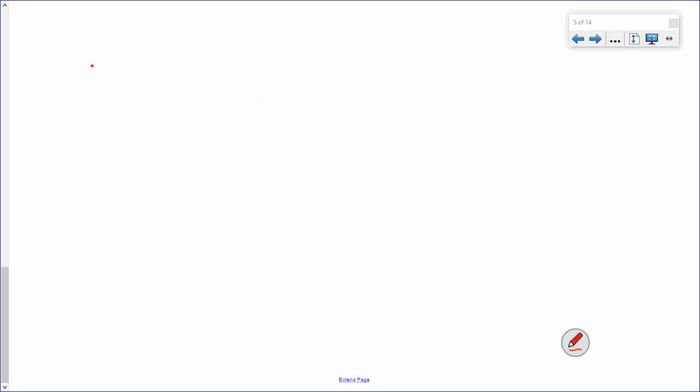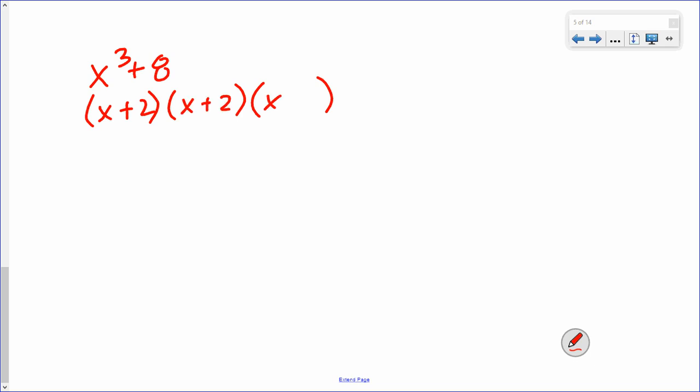So a lot of people would think, and I understand why, that this should be easy to factor because you've got some perfect cubes. Shouldn't it just be x plus 2, x plus 2, x plus 2? Wouldn't that be awesome if it were just that easy? Well, I want to show you, if I superfoil this out, I'm going to do my superfoiling really quick. X squared plus, this becomes 4x plus 4, right?